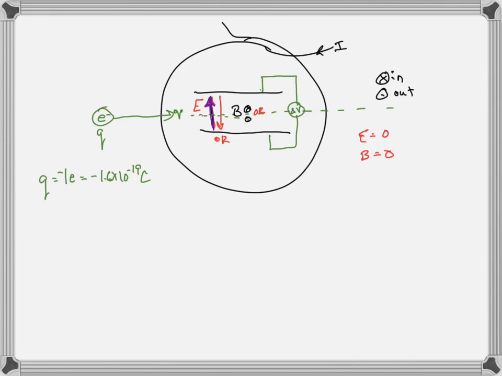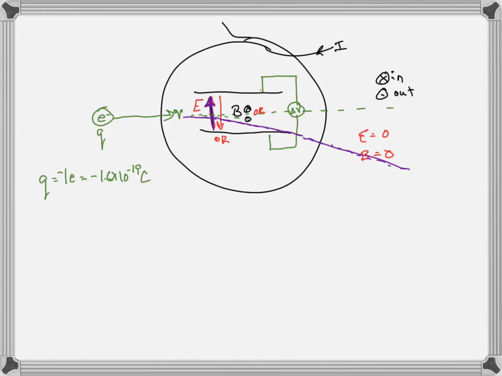The electron will now have a path where, when it gets between the plates, it's going to be deflected parabolically downwards. And when it's no longer between the plates, it'll just travel in a straight line. So this is meant to be a straight line, and this is meant to be a parabola. So it'll be deflected downward with an upward electric field and vice versa. A downward electric field will deflect the electron upward.